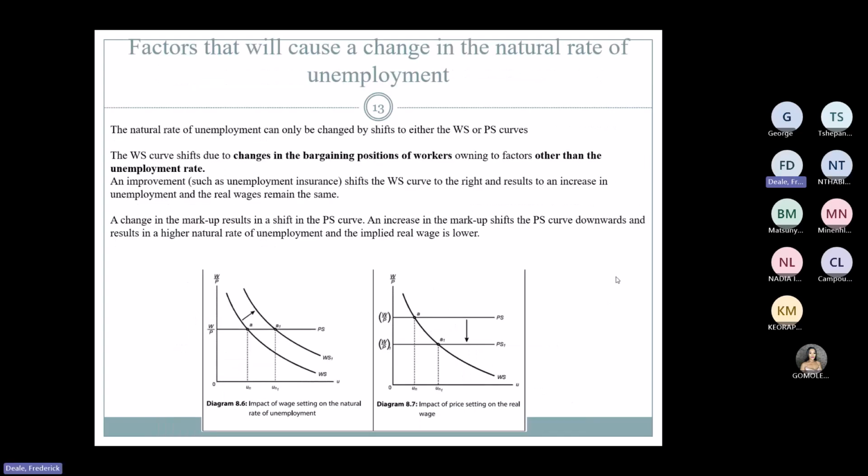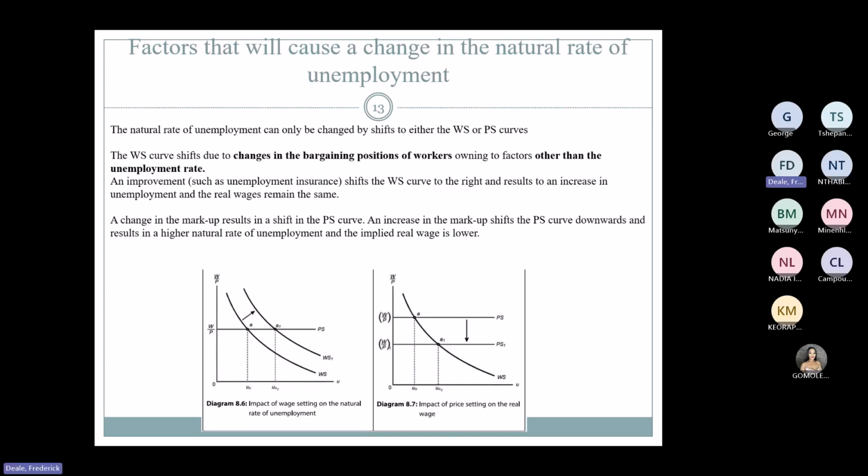Just touching on some of the factors that will cause a change in the natural rate of unemployment. We introduced the natural rate of unemployment where the two lines, the price setting relationship and the wage setting relationship, intersect. So the only way the natural rate of unemployment can change is if one of these two curves shifts.